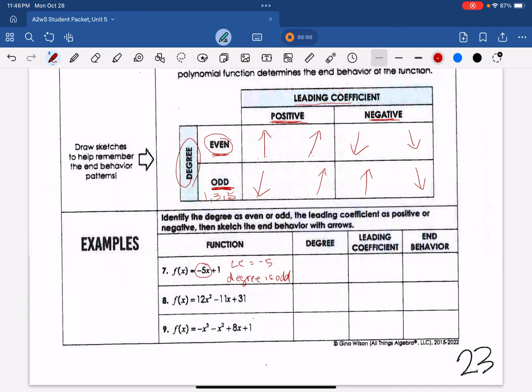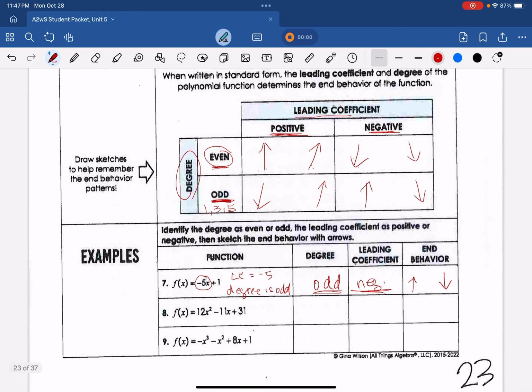Our leading coefficient is negative, and our degree is odd. That's where that's going to go, okay? So we know our end behavior on the right side is going to be headed down because our leading coefficient is negative. And our ends are odd, so the left end would be headed up if the right end is headed down.